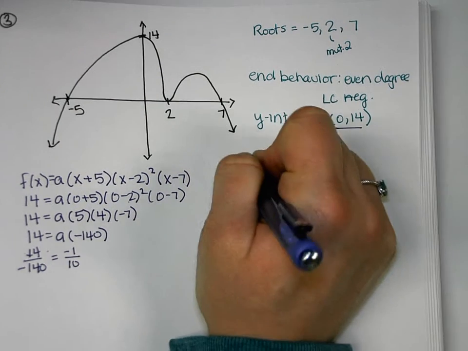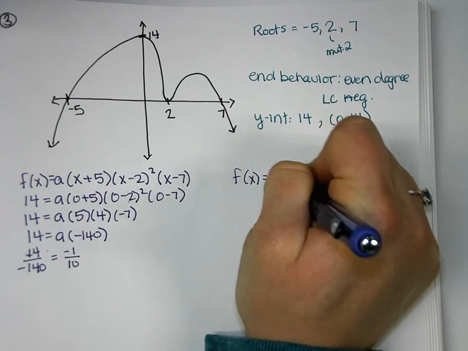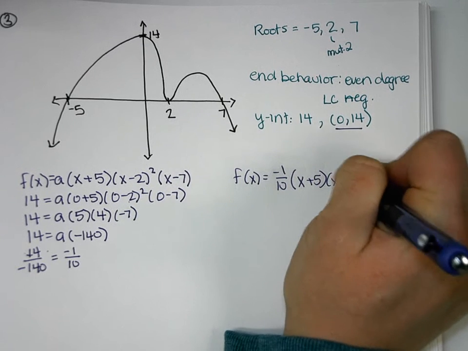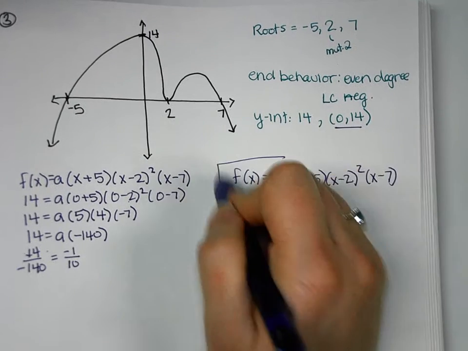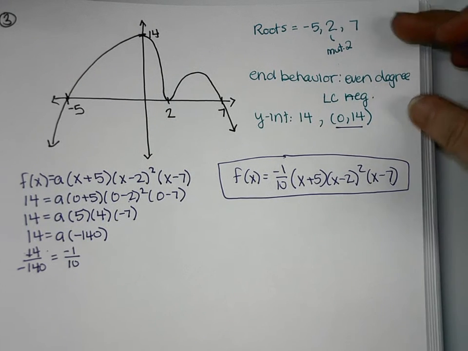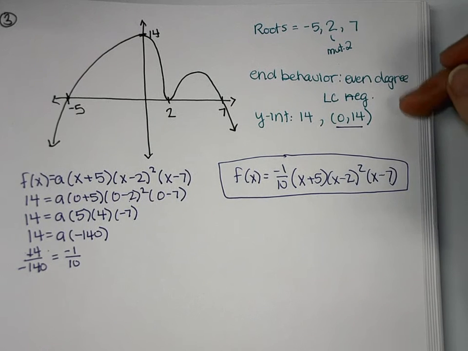So then my final answer, I would write as f(x) equals -1/10 times (x + 5)(x - 2) squared (x - 7). And that would be your final answer. Some of these you are going to just be given the picture. So start by figuring out what you can read, such as the roots, your end behavior, and a point.